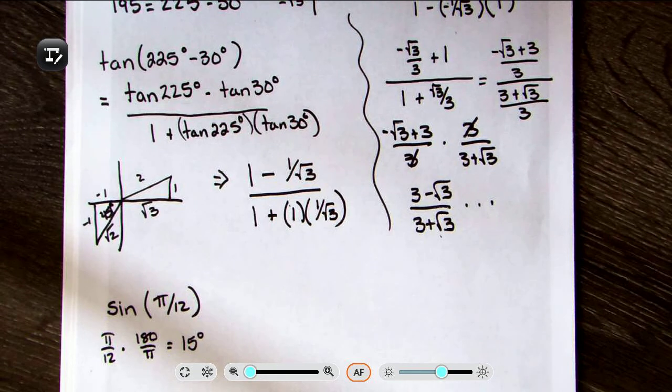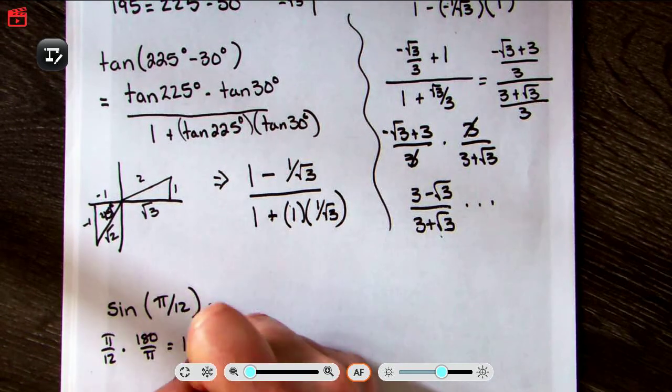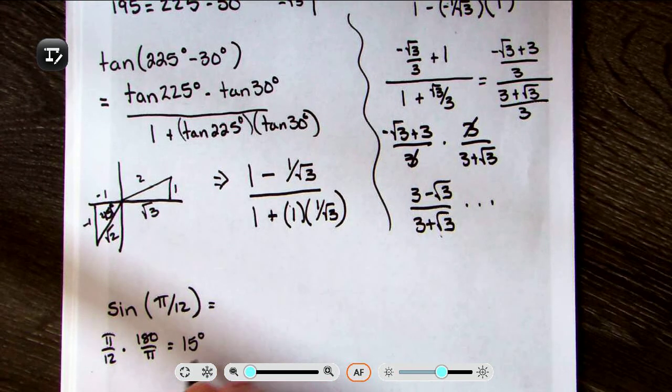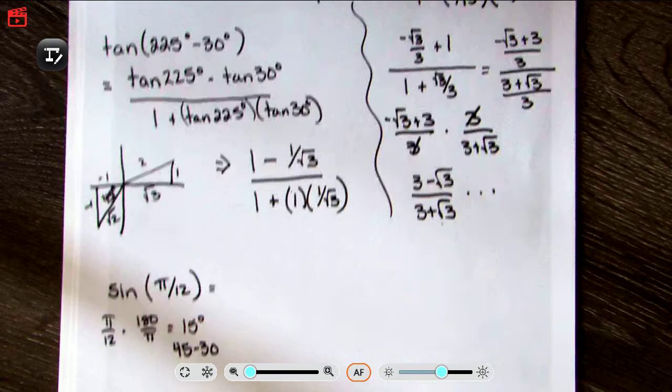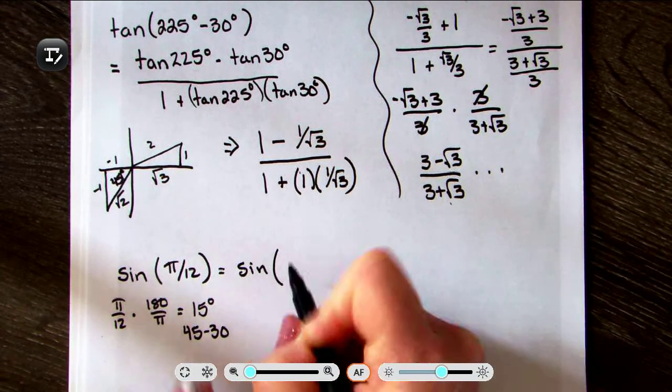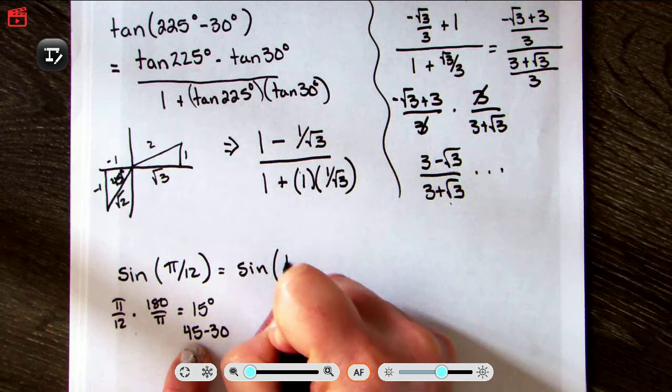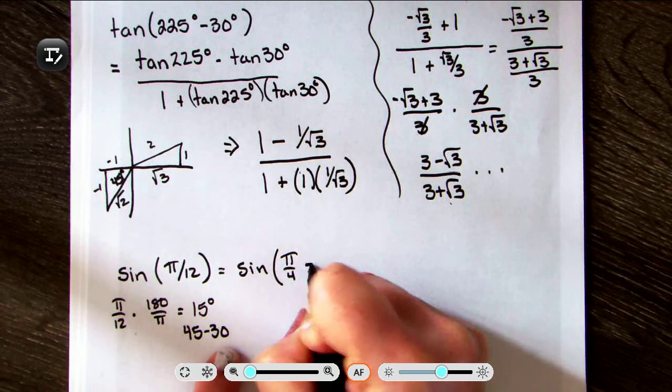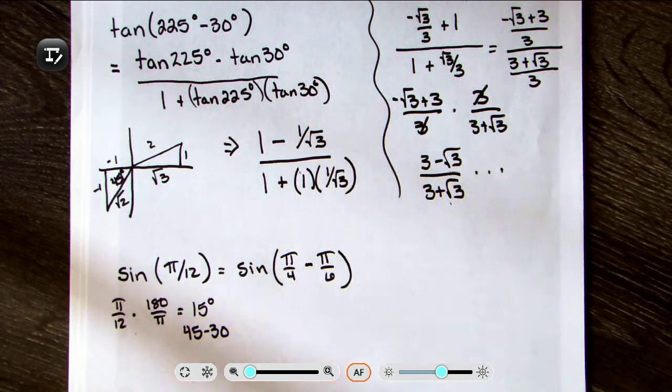And now I need to figure out a way to write 15 degrees. I could think of that as 45 minus 30. In terms of radians, 45 is pi over 4 minus pi over 6.